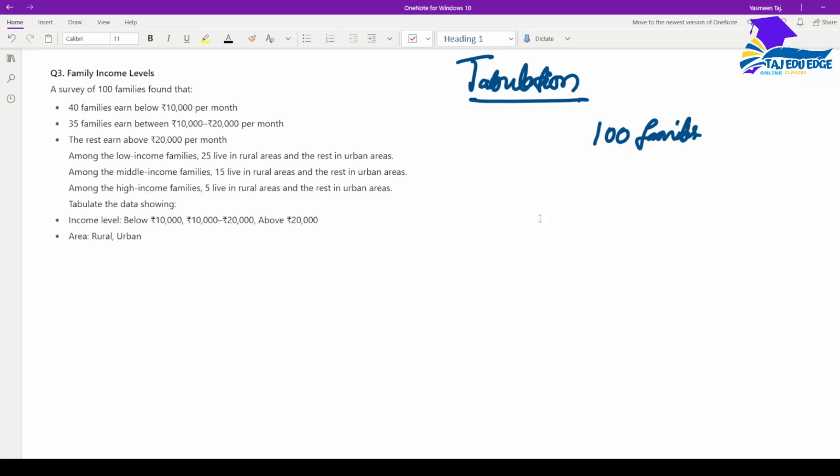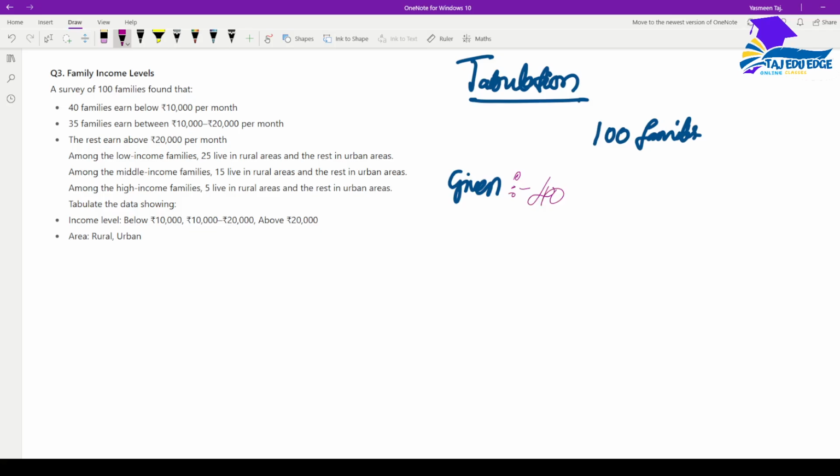What they have given first is that 40 families earn below 10,000 per month.